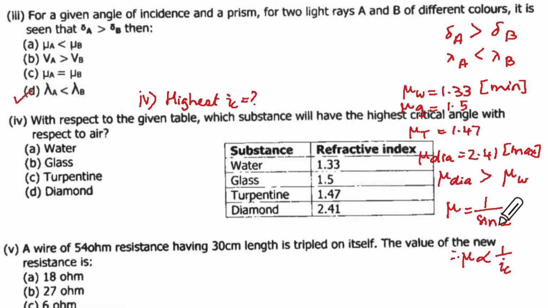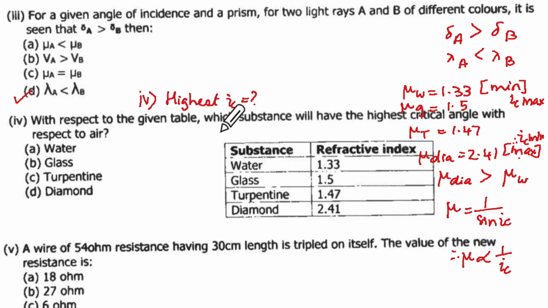Sine of 0 is 0 and sine of 90 is 1. As the angle increases, the sine also increases. So mu and critical angle, they are inversely proportional. So mu water has minimum refractive index, so the critical angle will be max. Understood? And mu diamond has got maximum refractive index, therefore critical angle will be minimum.